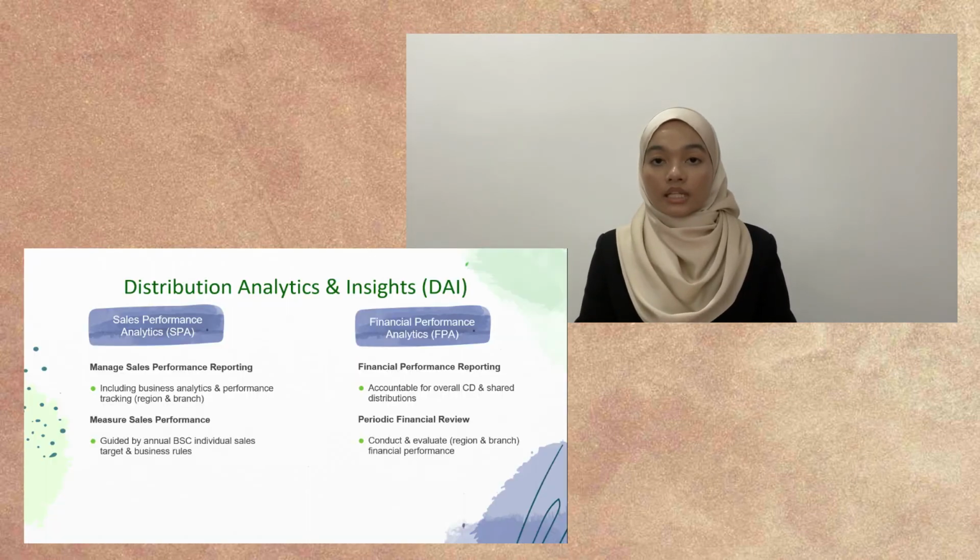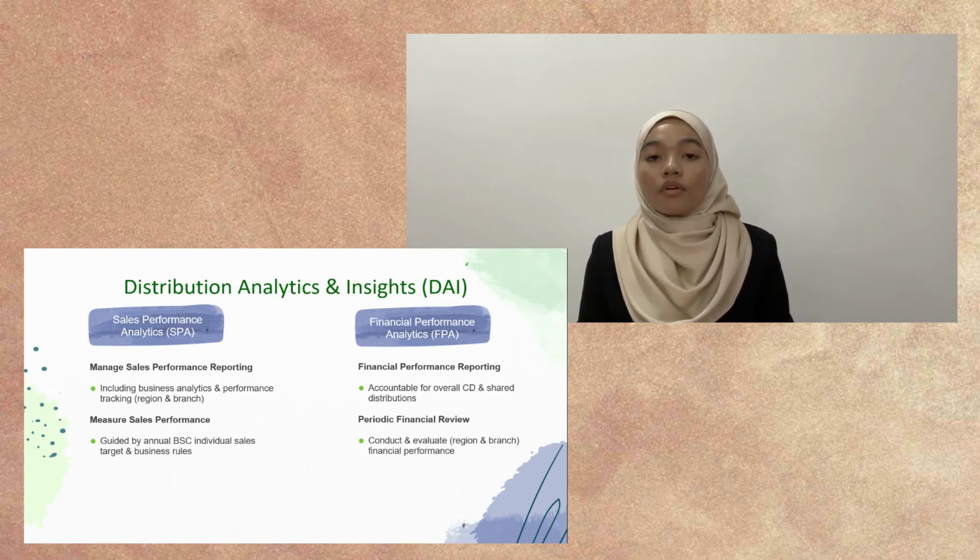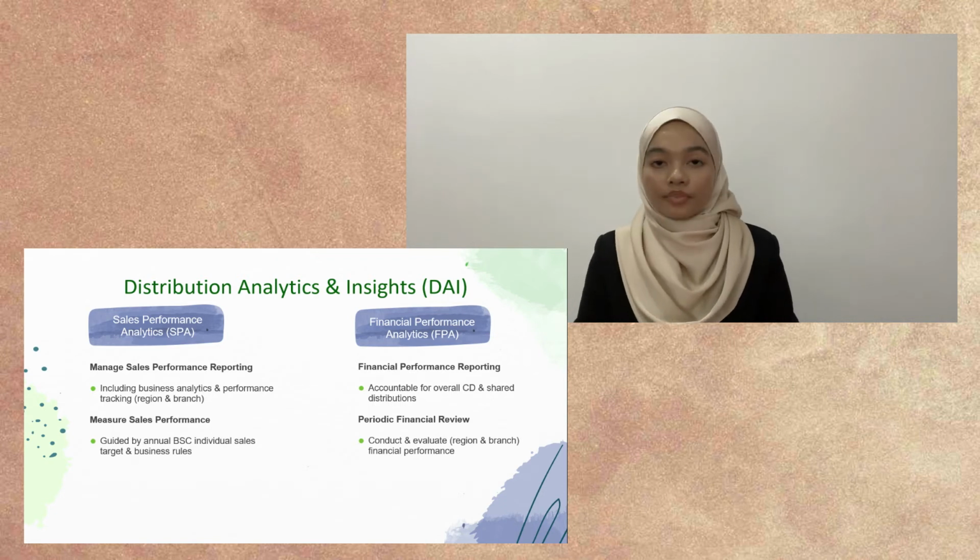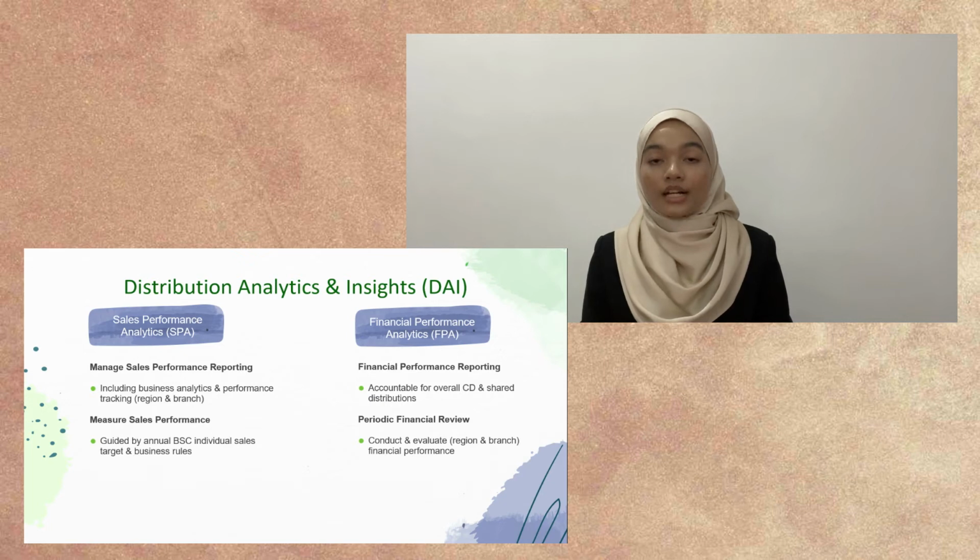For the second team of the DAI section, SPA, their role is managing sales performance reporting that includes business analytics and performance for region and branch. Next is measuring sales performance, guided by the annual BSC balanced scorecard from the BP team, of individual sales target and business rules.